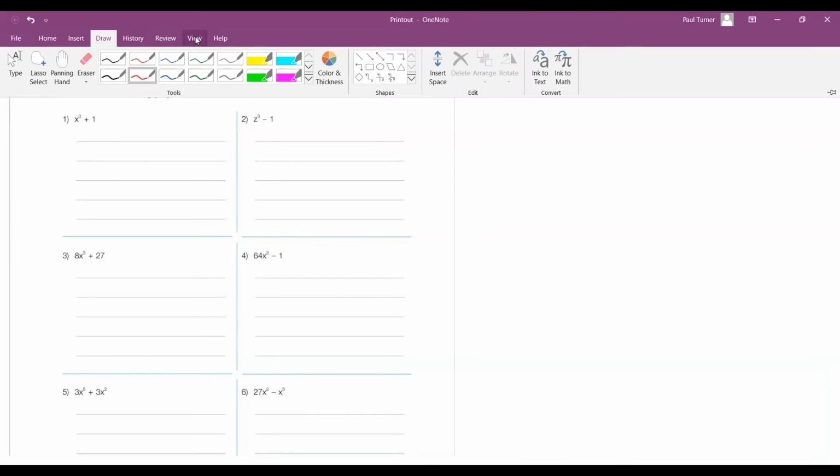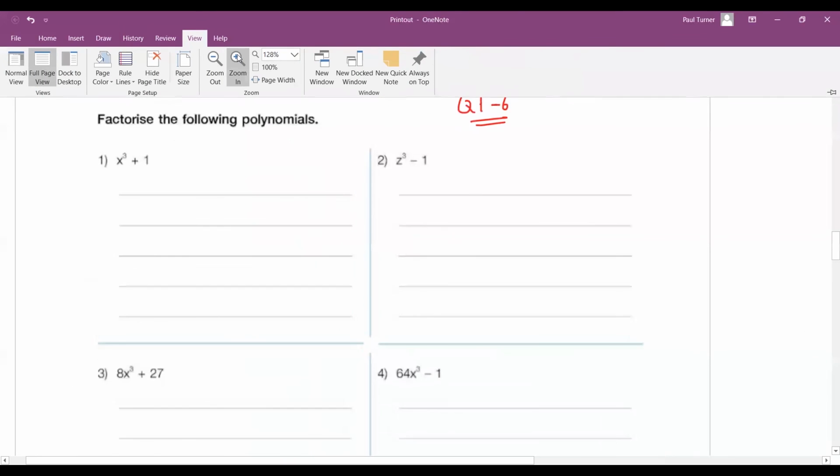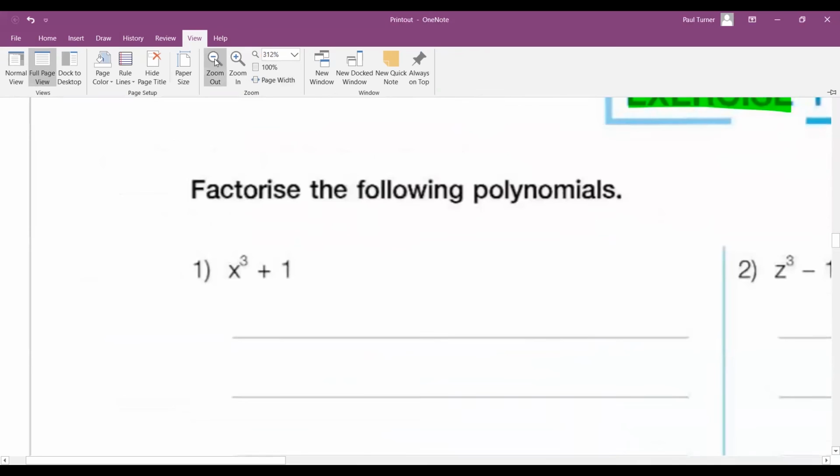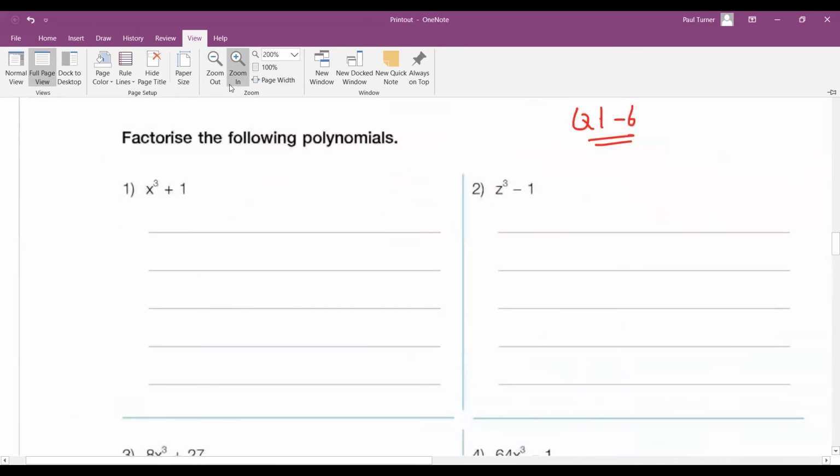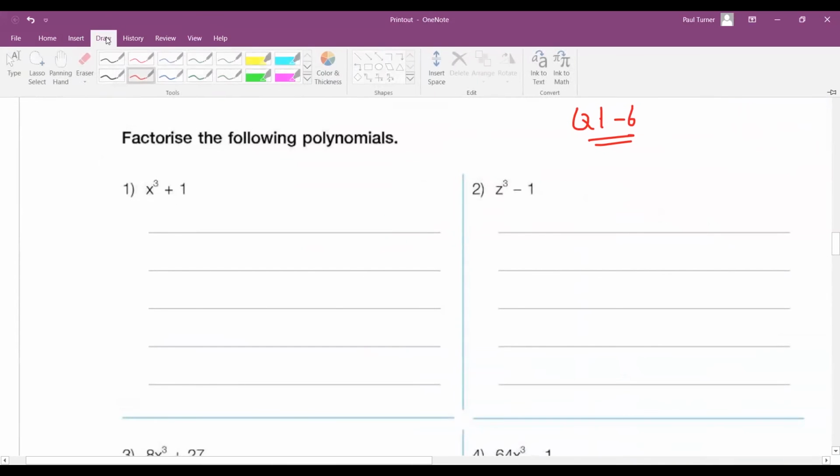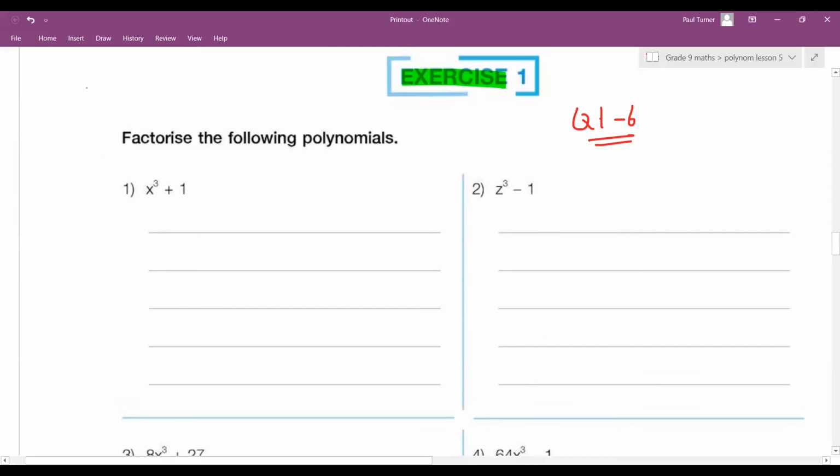I'll make that larger. Too big. All right. So we've got 10 minutes, so I'll go through a few and just check you're on the right track. If you've got x cubed plus 1, remember any value 1 can be written as 1 cubed, like that. So no problem when you've got 1.